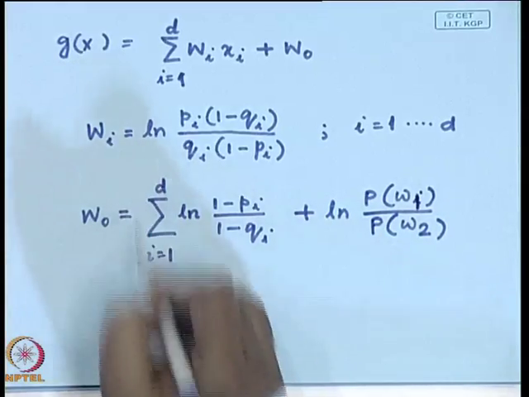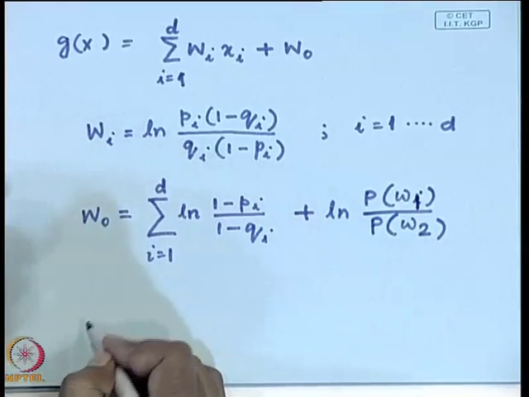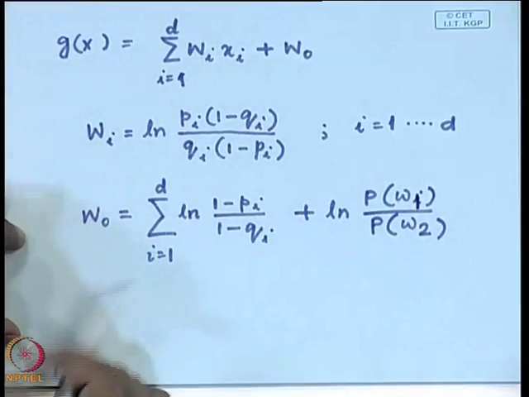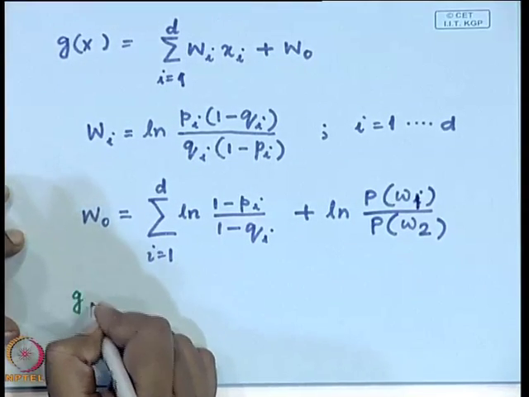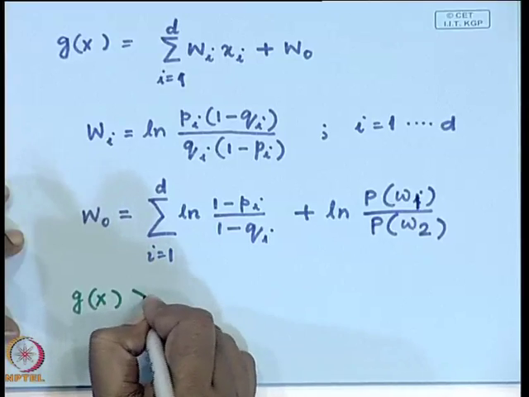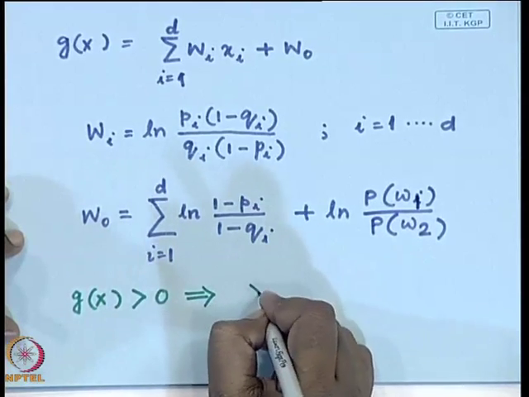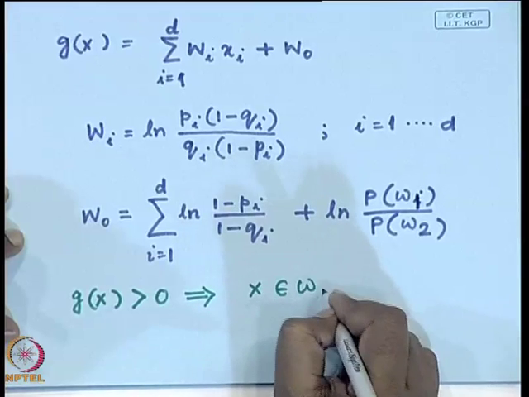Now, if you analyze this, as I said, our decision will be that if g(x) is greater than 0, then we decide that x belongs to class omega 1.